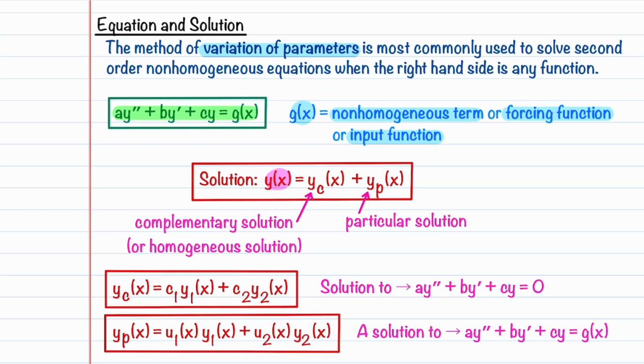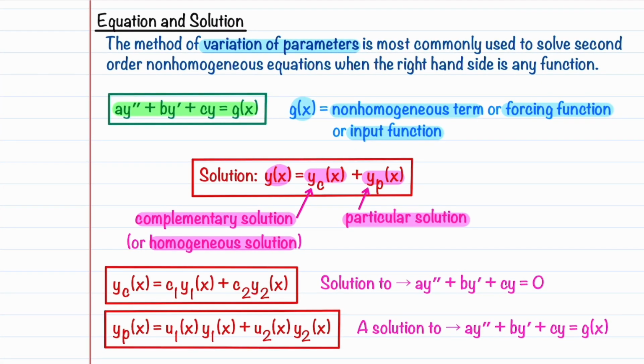It's written as y sub c of x, or that could be y sub h of x. That is the complementary solution or the homogeneous solution, plus y sub p of x, which is the particular solution. The complementary solution y sub c of x is c1 y1 of x plus c2 y2 of x, and this is the solution to the homogeneous equation ay double prime plus by prime plus cy is equal to 0.